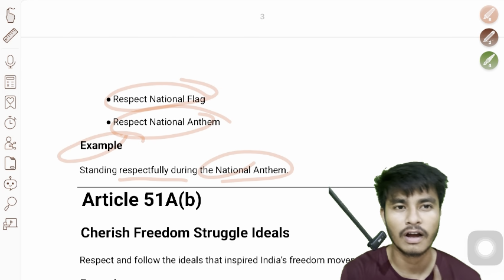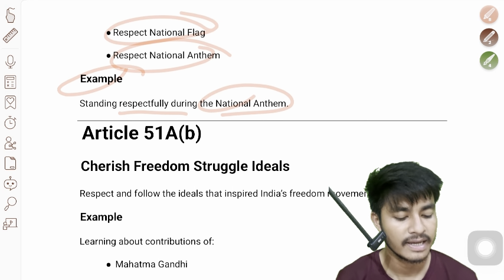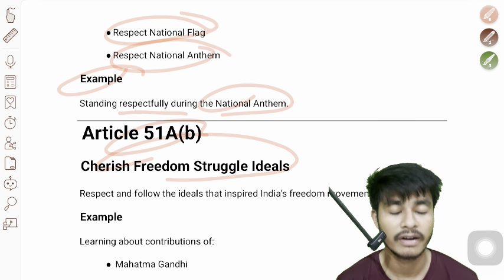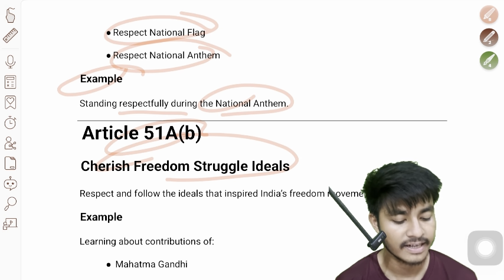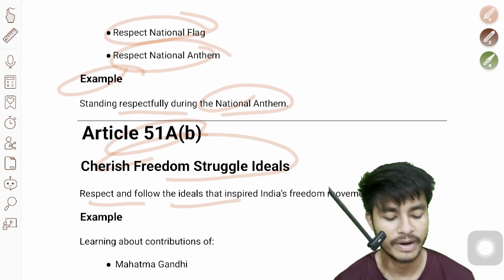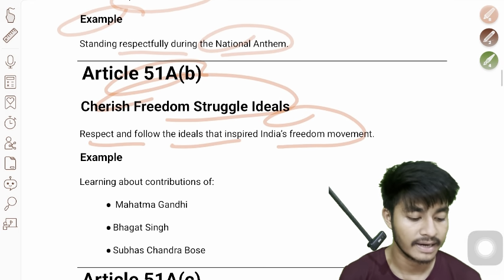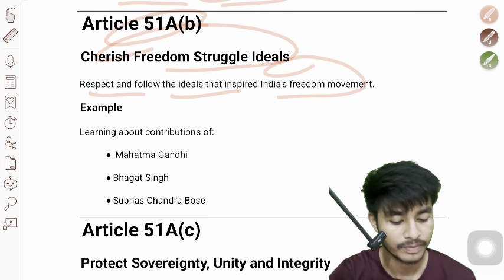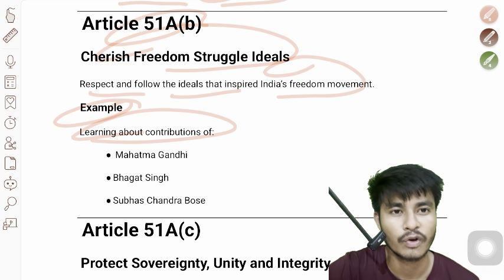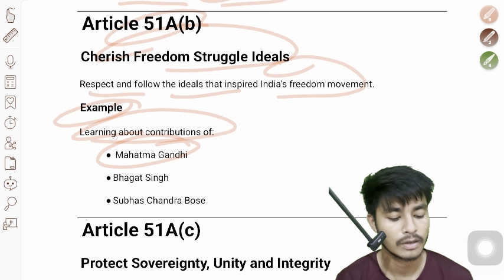Article 51A, subclause B talks about cherishing freedom struggle ideals. Respect and follow the ideals that inspired India's freedom movement. Examples: learning about the contributions of Mahatma Gandhi, Bhagat Singh, Subhash Chandra Bose.